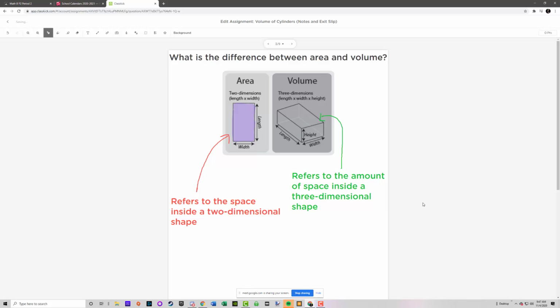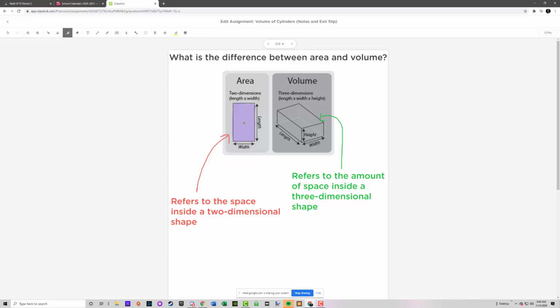You don't have to worry about copying any of this down as of now, because it will be in the video. So both terms refer to the amount of space inside of a shape. It's just one refers to 2-dimensional shapes and the other refers to 3-dimensional shapes.